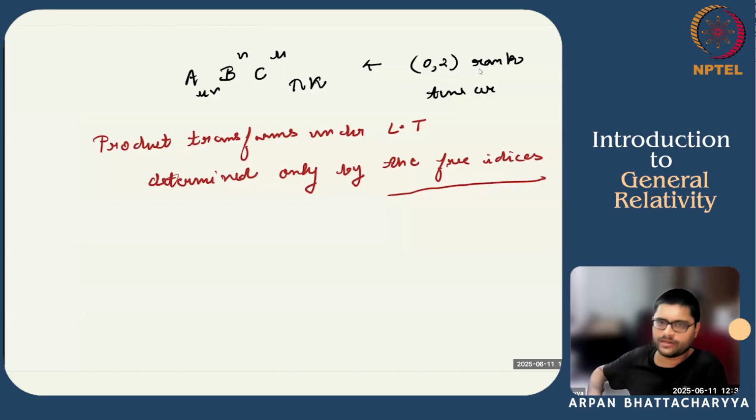Now we know that, in general, a tensor of rank (p,q) will transform in a certain way under Lorentz transformation. Let's write down explicitly how it transforms.